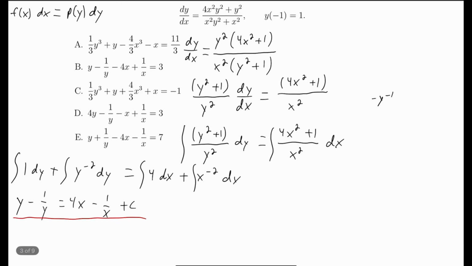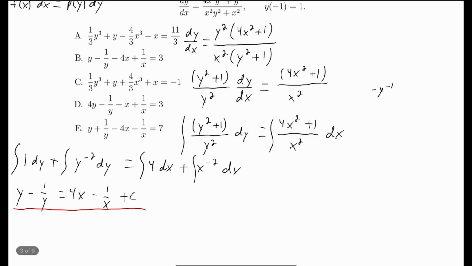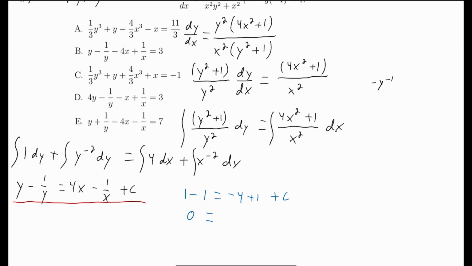If we start plugging in 1 for y, we get 1 minus 1 over 1 is 1, equals 4 times we're plugging in negative 1 for x, so it equals negative 4 minus 1 over negative 1 is just plus 1 plus c. So that means 0 is equal to negative 3 plus c, so c must be equal to 3.